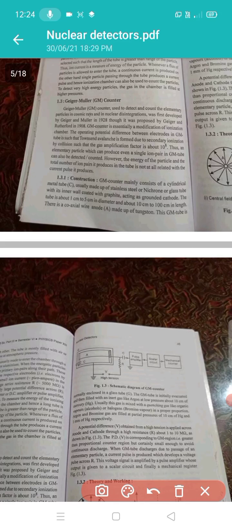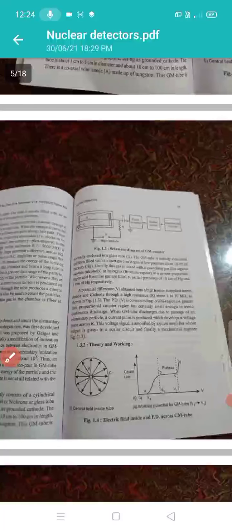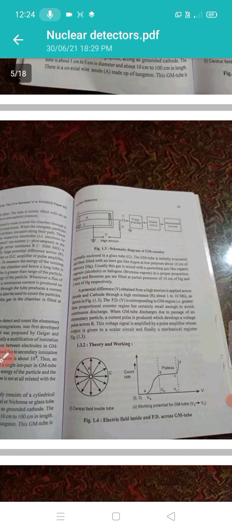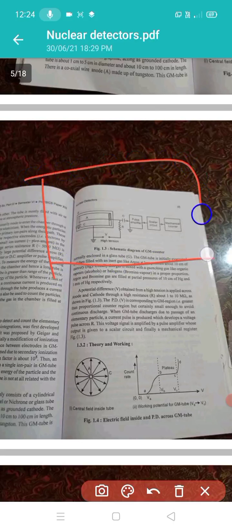The GM counter mainly consists of a cylindrical metal tube. See the schematic diagram of the GM counter.